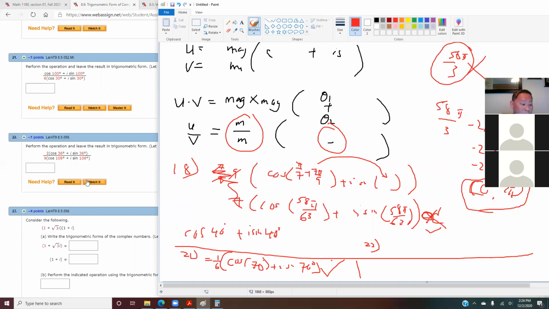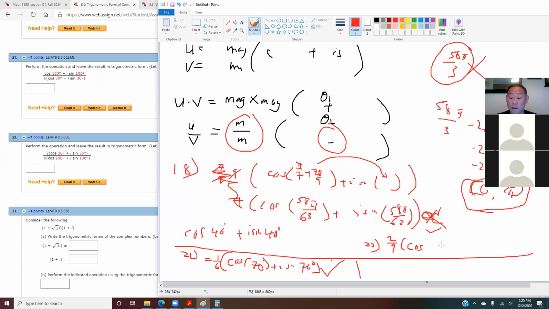Parker and Ryan, try 22. So what you get? So it's 2/9. This is easy because we already got 2/9. And cos negative 62 degrees.